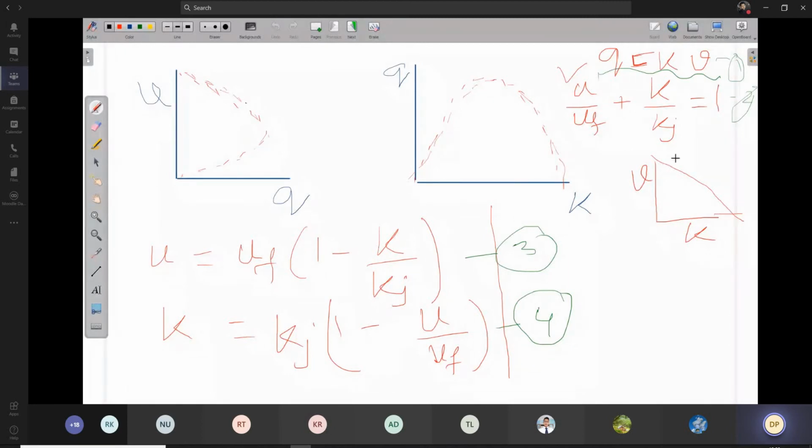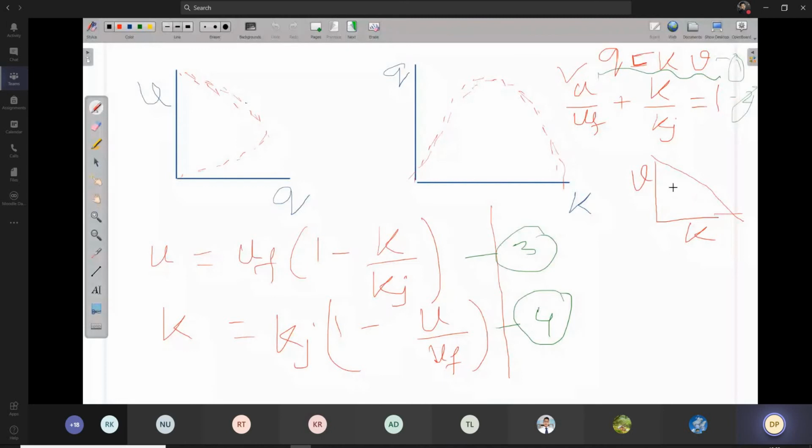But this is the first traffic flow model. At that time, based on whatever data they had collected and some simplified observation, they proposed a linear model, meaning speed density relationships are linear.